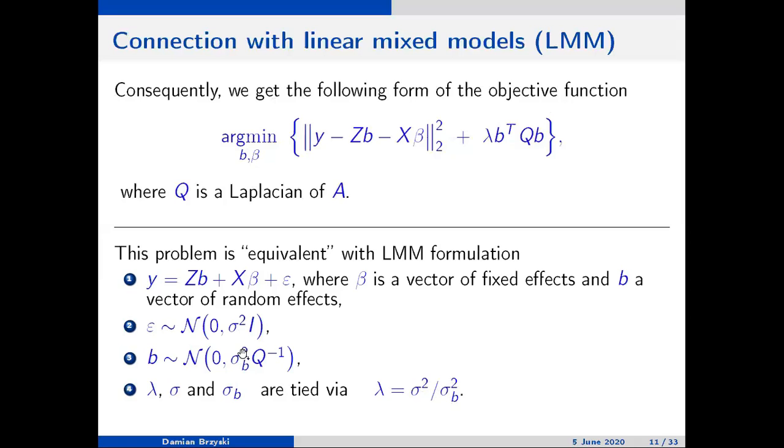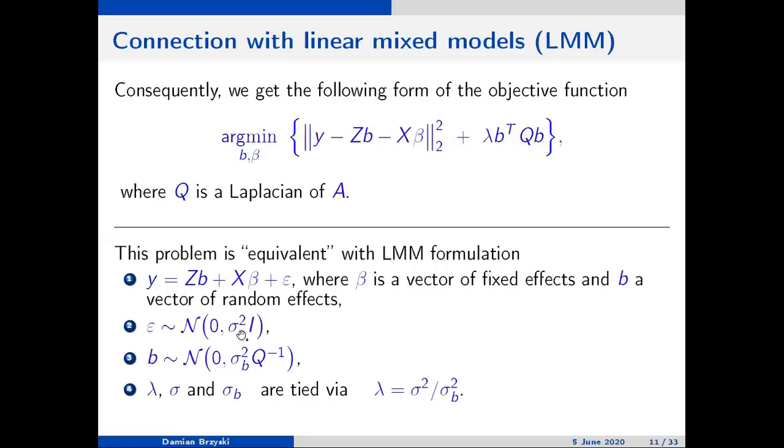So these are the parameters from the assumed distribution on epsilon and B here. Of course, they are unknown, but linear mixed model general theory gives you the tools to estimate those parameters.